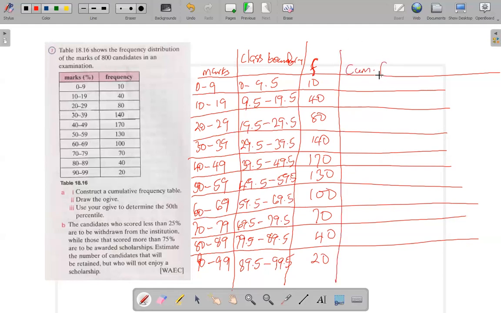Cumulative frequency. This one still remains as 10.